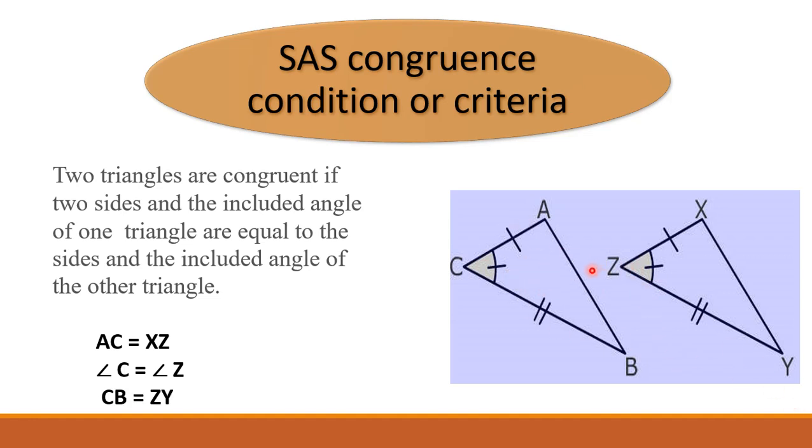So by SAS, that means side angle side, these two sides are equal in measure, these two angles C and Z are equal in measure, and similarly side CB is equal to side ZY in measurement. All three are equal to one another. So we can say the triangles are congruent by the SAS congruence rule.